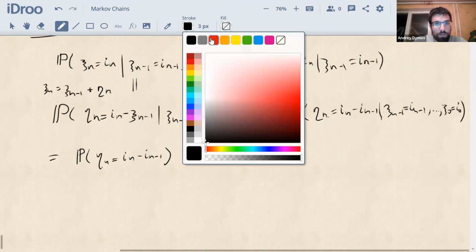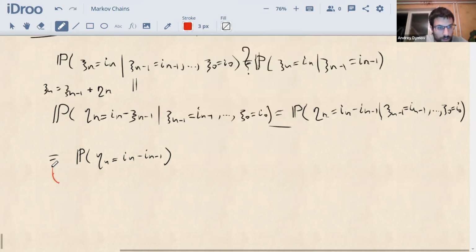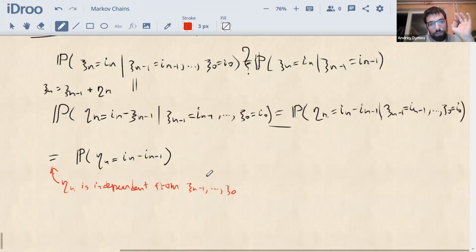Just because eta_n is independent from xi_{n-1}, ..., xi_0. Because, look, my etas, first, are assumed to be independent from xi_0, and second, all etas are independent between each other.